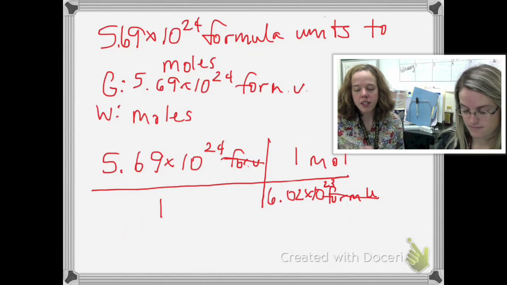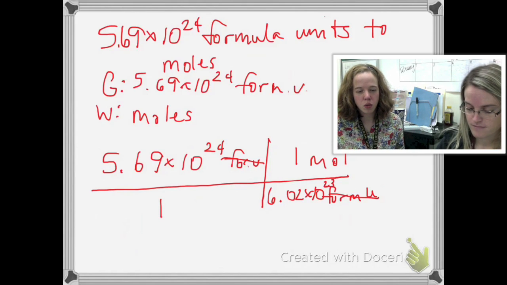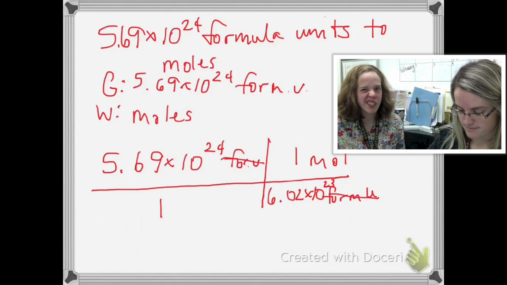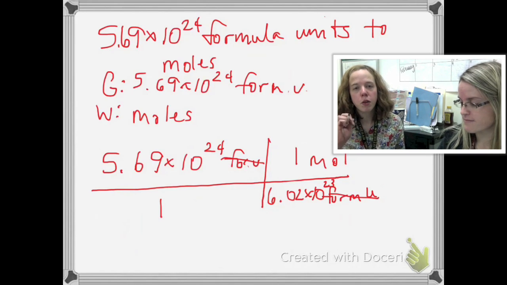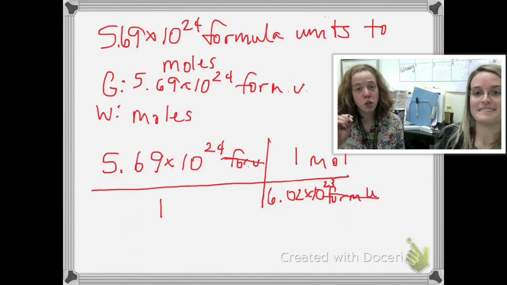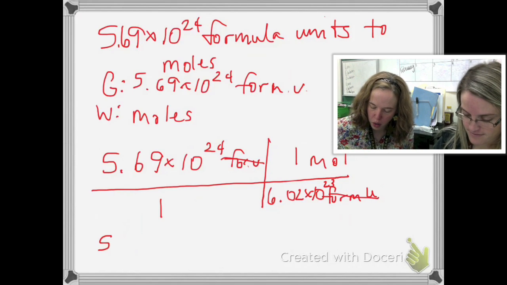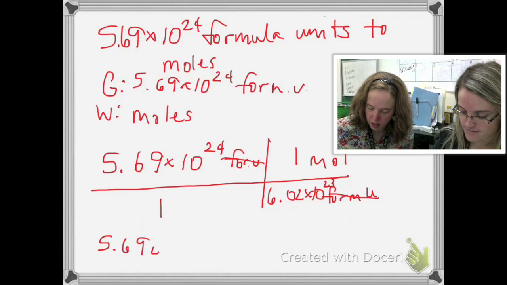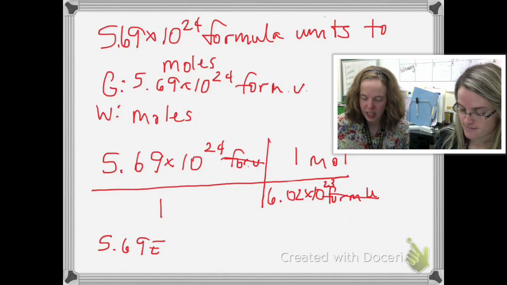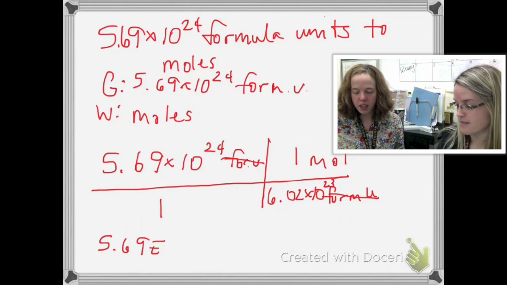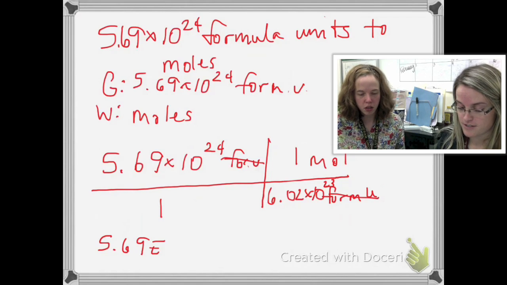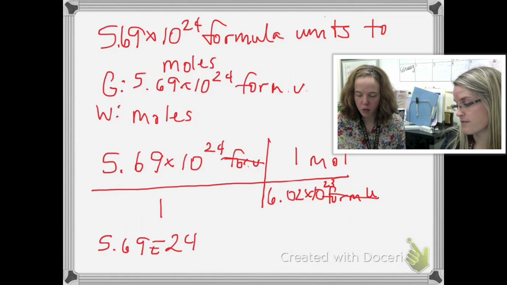Remember though, when we're putting this in the calculator, what do I need to use? Parentheses? Well, we could use parentheses, but that's actually more work than we need. We're a lot better off using our E key. And if you don't remember how to use your E key, talk to me about it. So we're going to do 5.69 E. And remember, E is times 10 to the, so it's 5.69 times 10 to the 24th power.